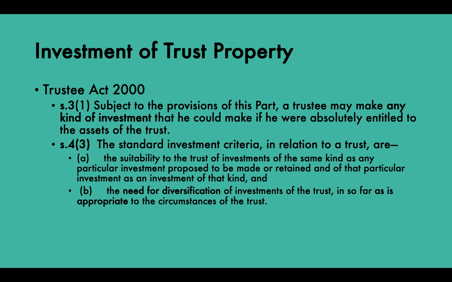Now, Section 4, subsection 3 also says that the standard investment criteria in relation to a trust are the need for diversification of investments of the trust insofar as is appropriate to the circumstances of the trust. So the question as to the amount of diversification necessary is dependent on the nature of the trust.